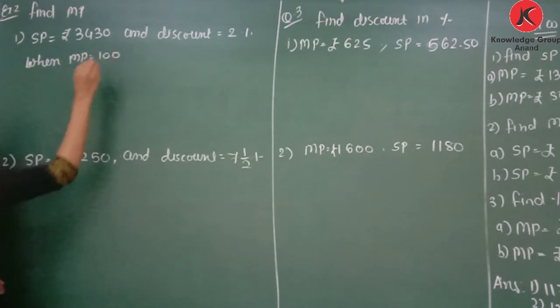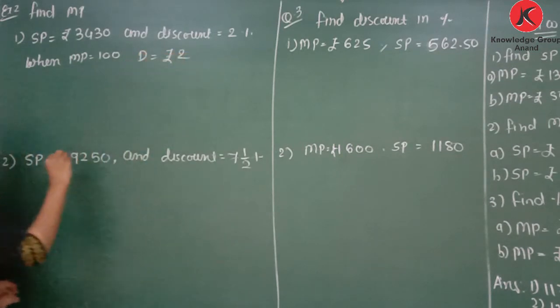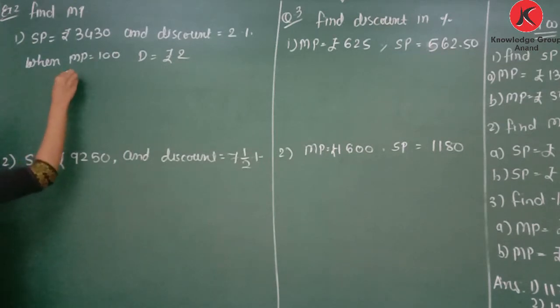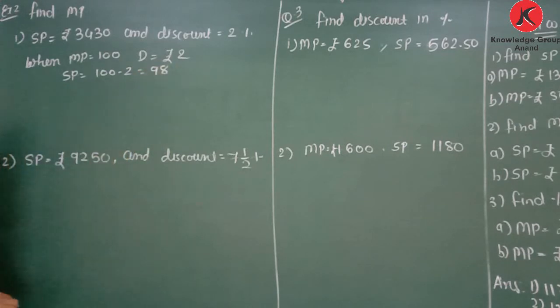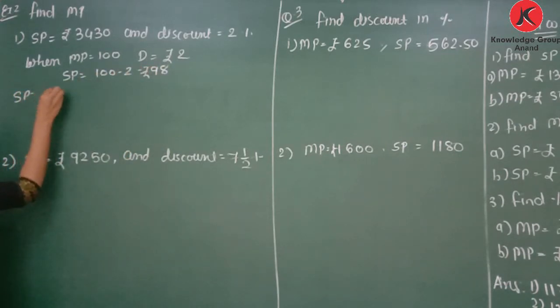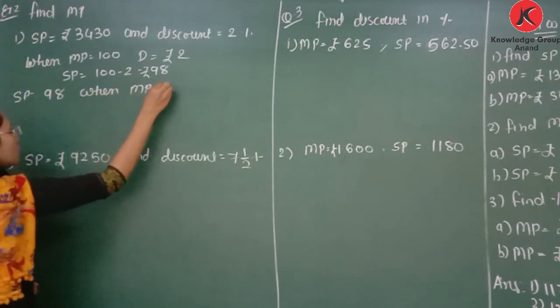If our price is 100, then discount 2% represents 2 rupees. So if on 100 rupees we need to pay 2 rupees less, selling price is 100 minus 2, that is 98.